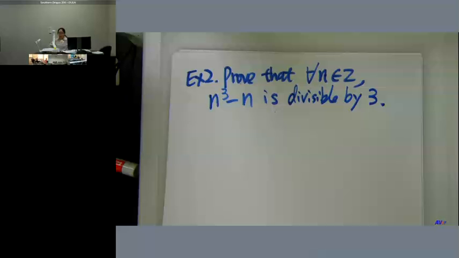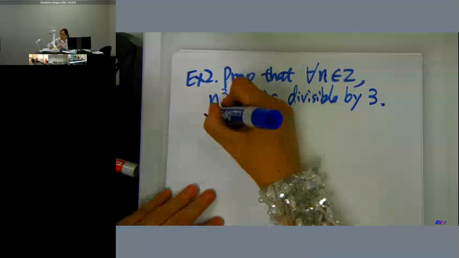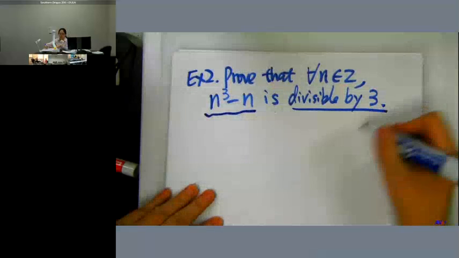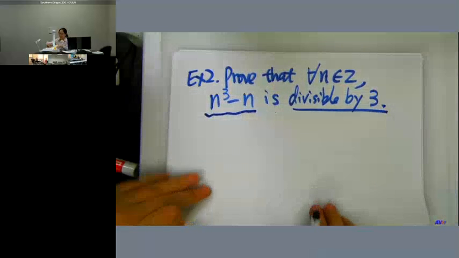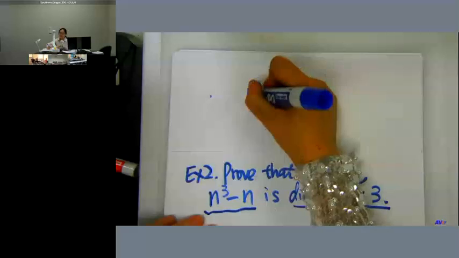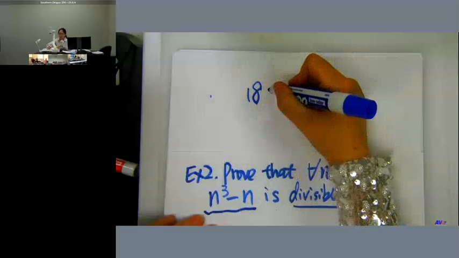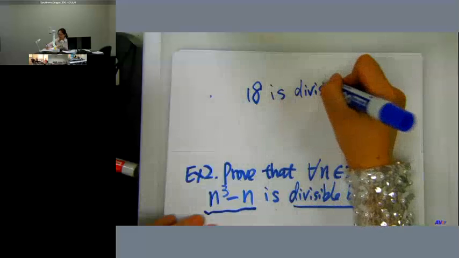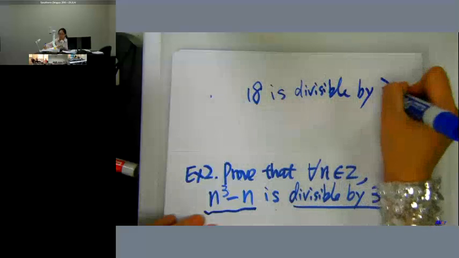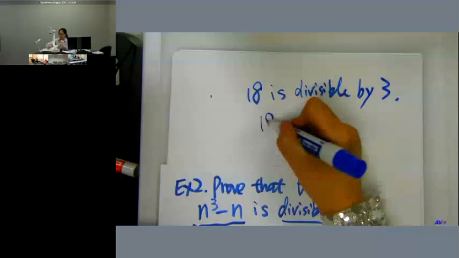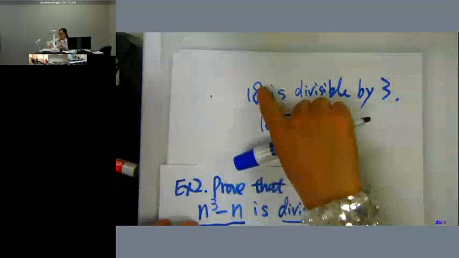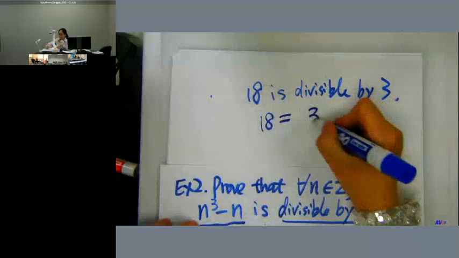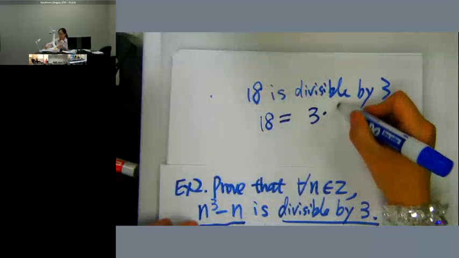Now, recall the definition of divisibility. How would you show a number is divisible by 3? Say, for example, 18 is divisible by 3. How do you prove 18 is divisible by 3? Yes, because 18 is equal to 3 times an integer, in this case 6.